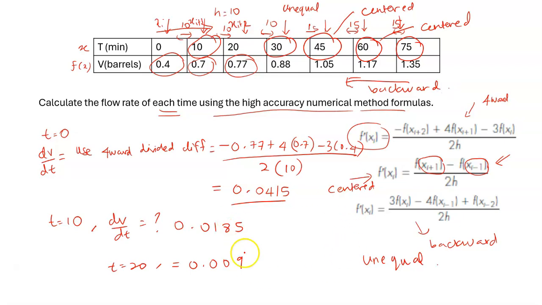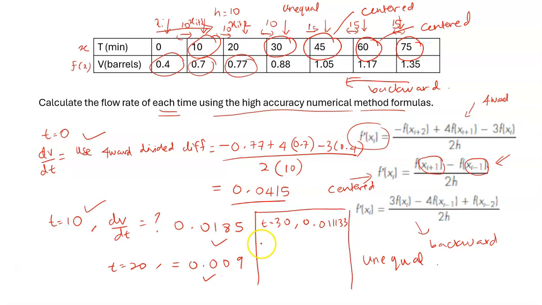Okay, so I will provide the answers to all the derivatives. We have the answer for t equals 0, t equals 10. When t equals 20, it's this one, 0.009. If you use unequal, when t equals 30, you will get 0.011133.